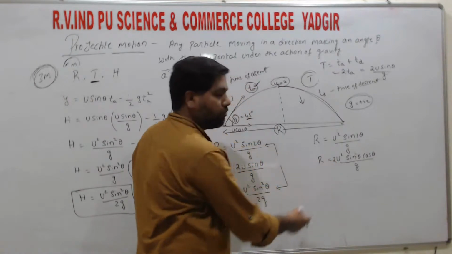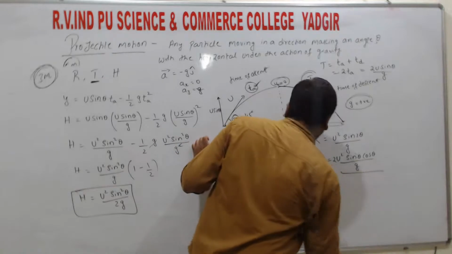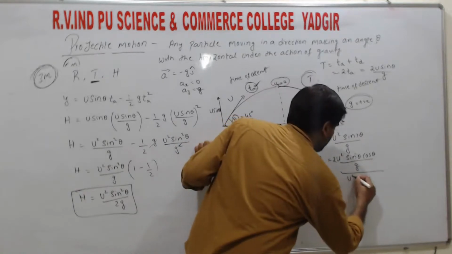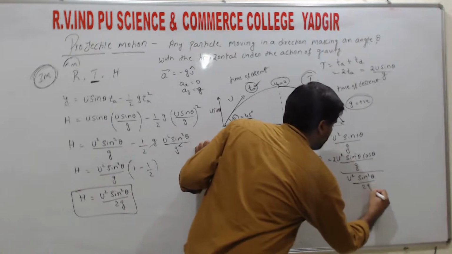Divide r by h, so the whole thing is divided by u square sin square theta by 2g.